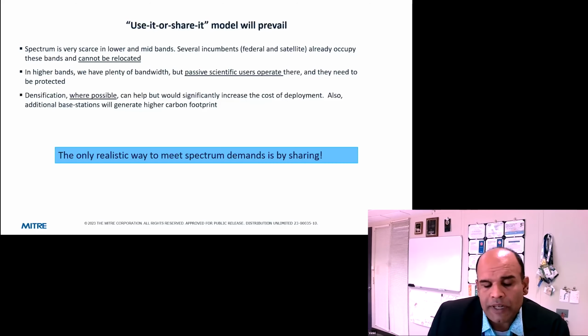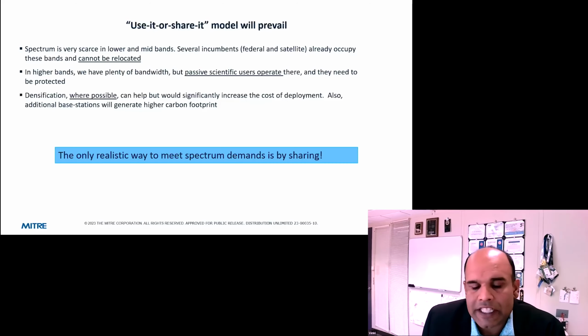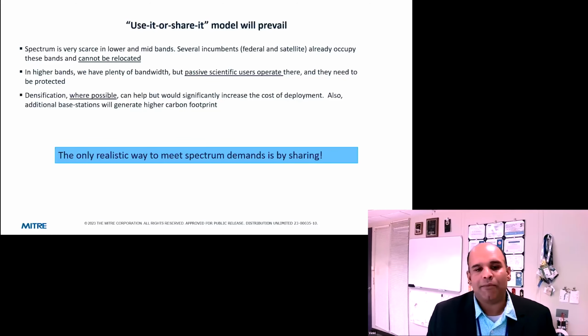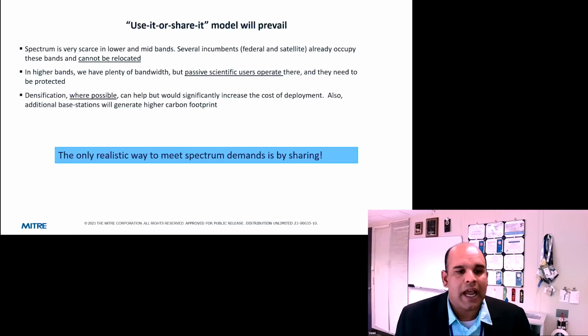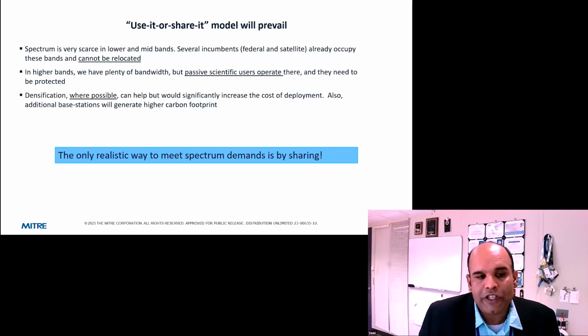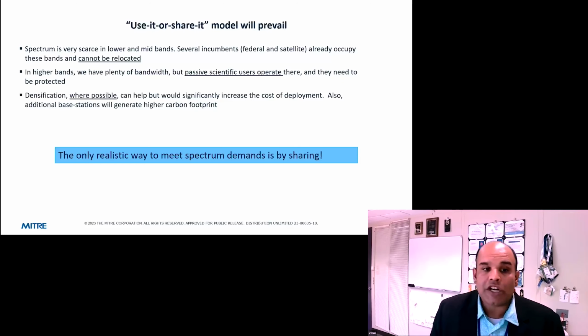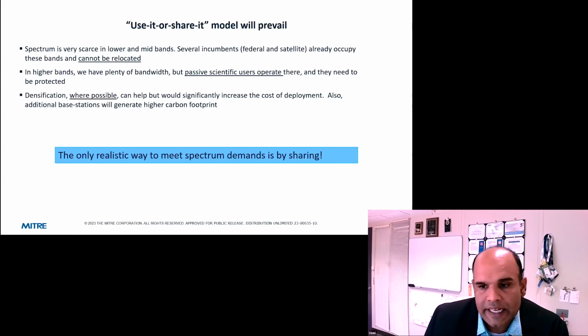So one possible way to mitigate this is by densification, right? Densification is just adding more and more base stations and so on. Even though we might think that is going to be a good solution, there are a lot of issues associated with it, because we cannot relentlessly increase the density, because that is going to cause all sorts of problems with interference and so on.